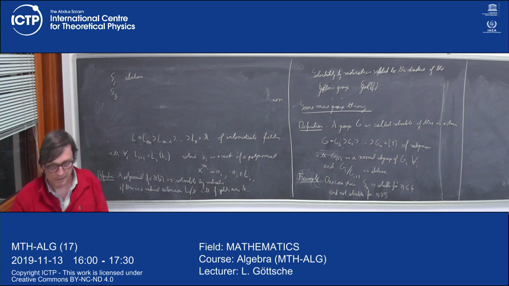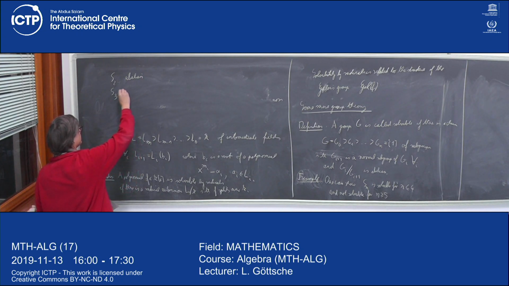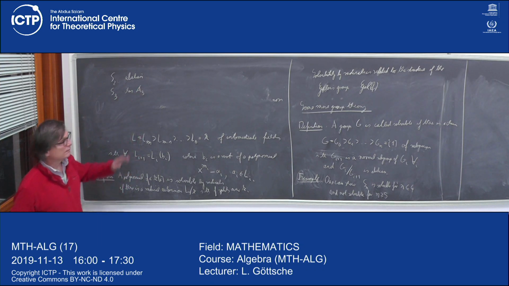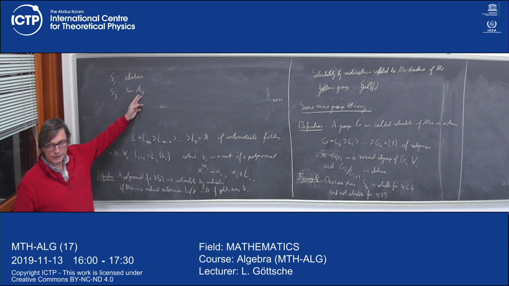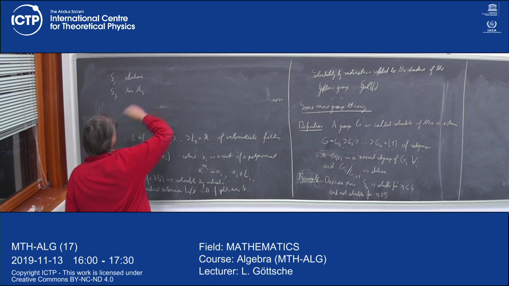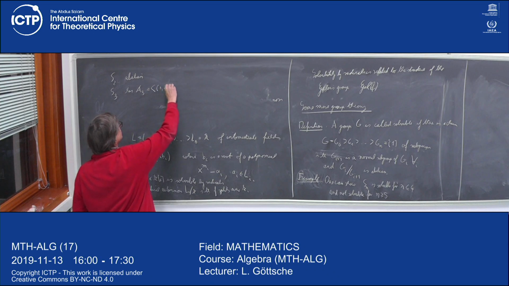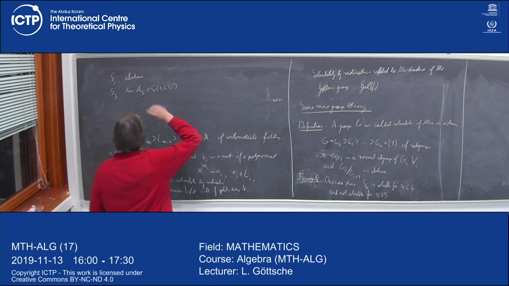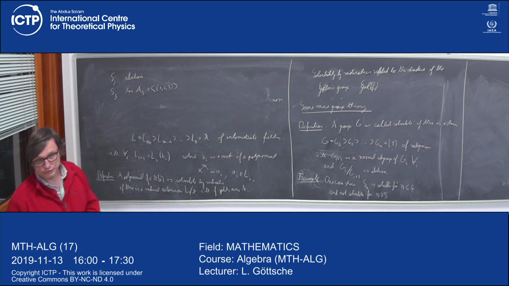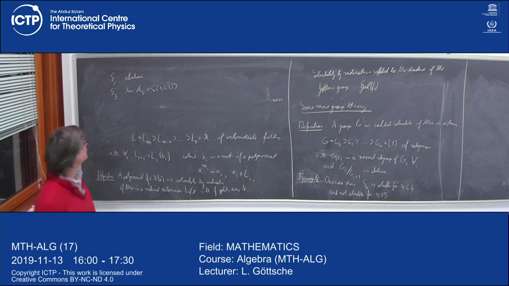S_3 has A_3, the even permutations, as a normal subgroup. And this is a subgroup of index 2. So we know that a subgroup of index 2 is always normal, and the quotient is Z_2.